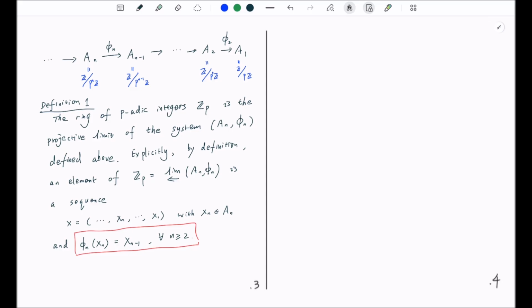Furthermore, this Z_p, defined as a projective limit, also has a ring structure. The addition and multiplication in Z_p are defined coordinate by coordinate.